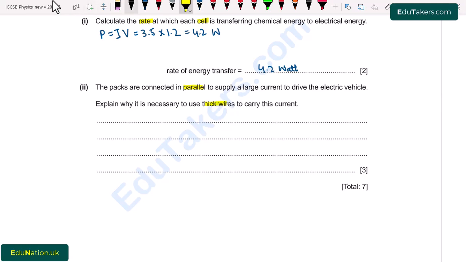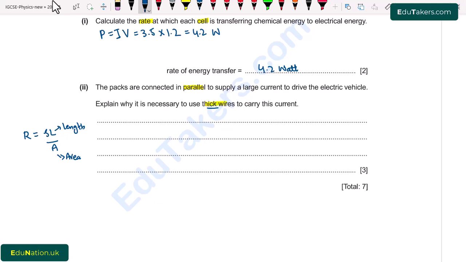We know that R, the resistance, is equal to rho L over A, where rho is resistivity, L is length, and A is area. They are talking about thick wire. So the thick wire is also related with the resistance.